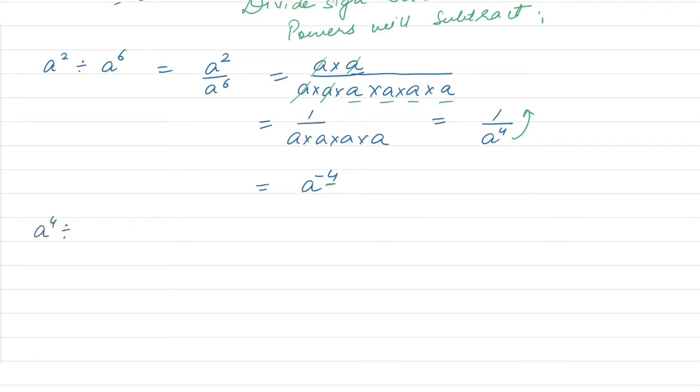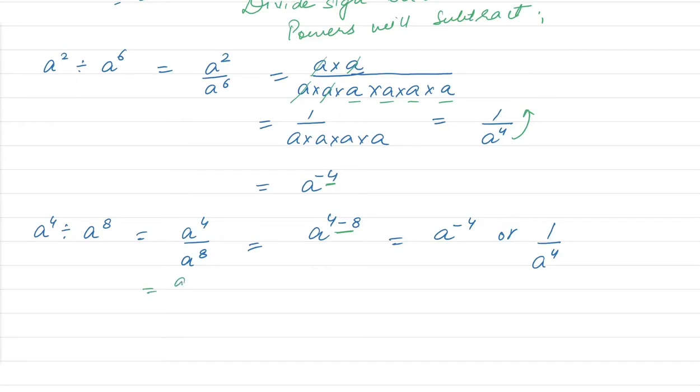Let's do one more question. A to the power 4 divided by a to the power 8. That becomes a to the power 4 over a to the power 8, which is equal to 4 times a, or otherwise you can do 4 take away 8, which equals a to the power minus 4, because 4 take away 8 is minus 4, or 1 over a to the power 4. It's one and the same thing.